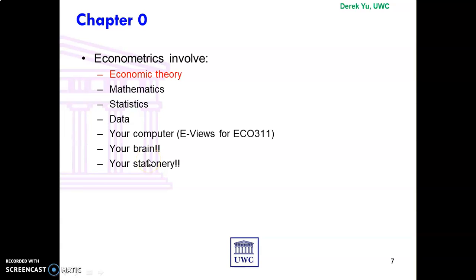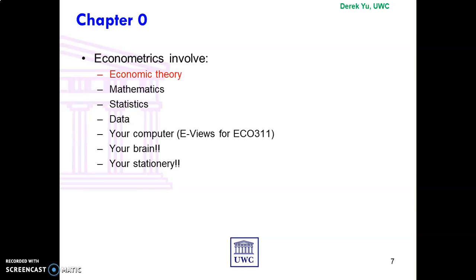Last year in ECO242, you mastered the basics of Excel, and for ECO311, you are going to learn eViews. In eComfort, I uploaded the legal and free downloadable version of eViews 3, which is quite an old version from 20 years ago, but it is more than enough to cope with undergraduate econometric analysis.